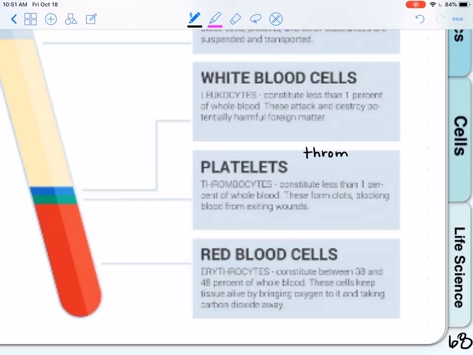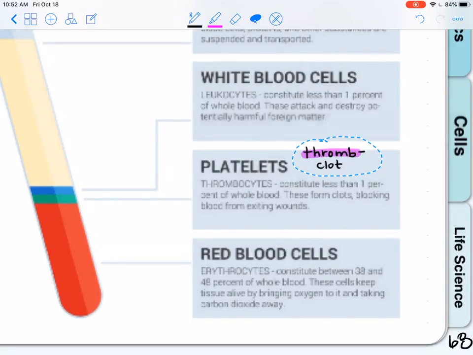Generally, this is not a good thing. This is a morpheme, guys, we need to add. Throm is a clot. So heart attacks are caused by thrombosis. They're blood clots that occur and cause your vessels to block.